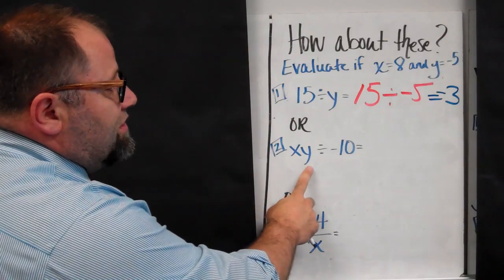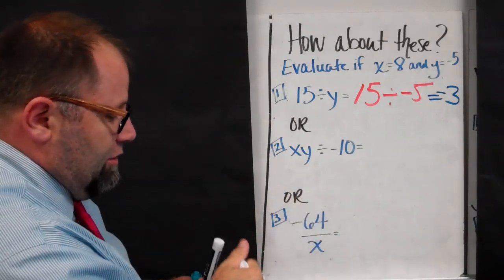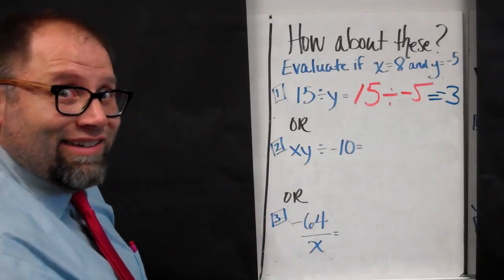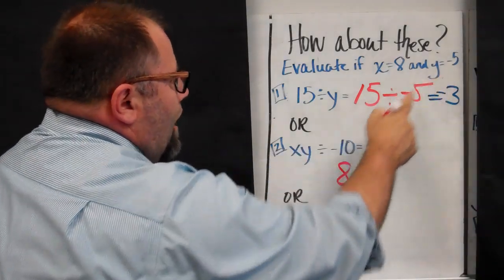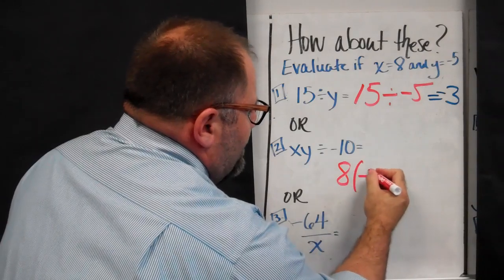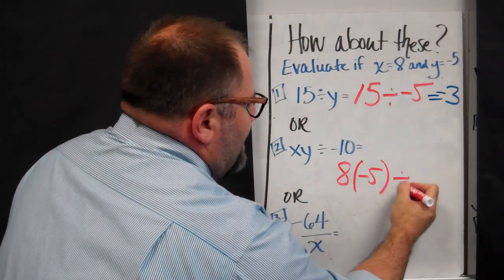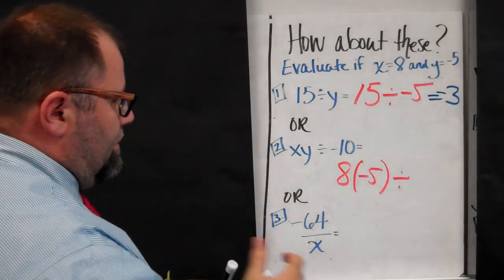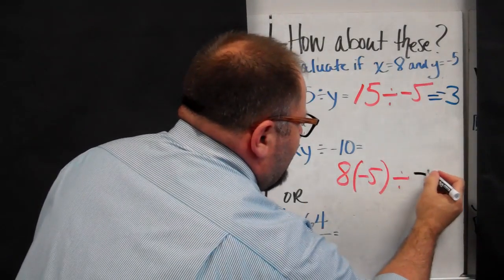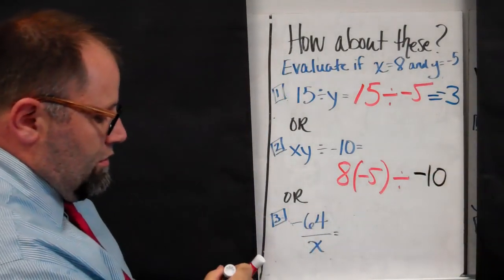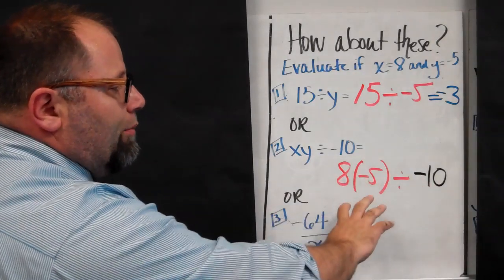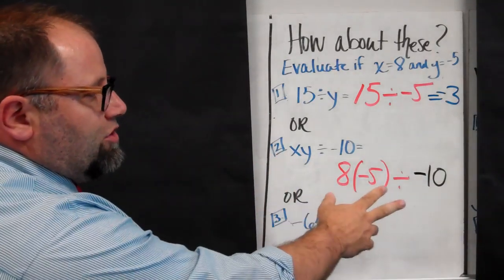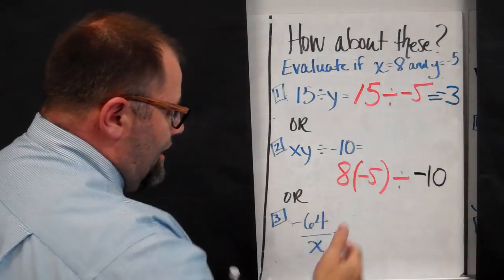Here we have x times y divided by 10. That's going to be fun, right? So x is 8. Y is negative 5 divided by our negative 10. So order of operations says, since we just have one operation level here, multiplication and division, we just start at the left and go to the right.